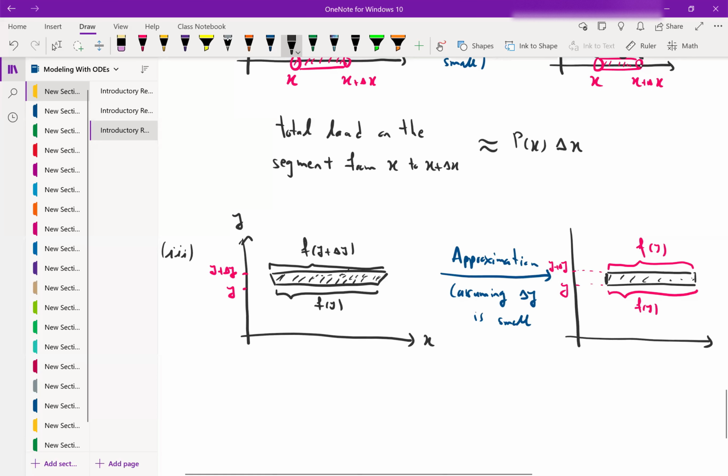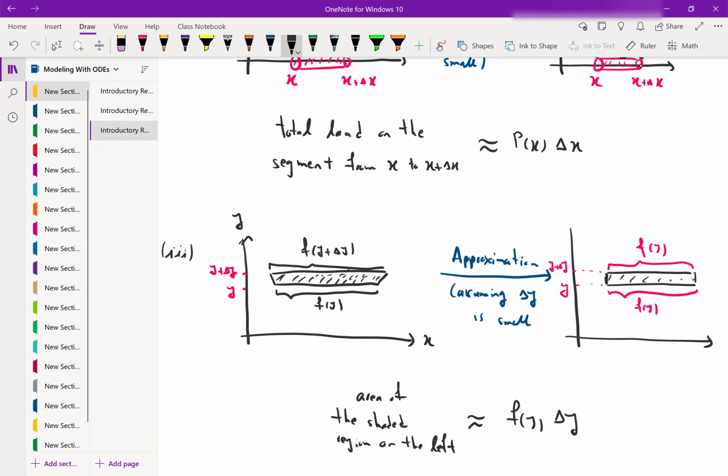So the area of interest, the area of the shaded region on the left, is approximately f of y times delta y. This is the width times height. The height on the right is delta y, the width is f of y.